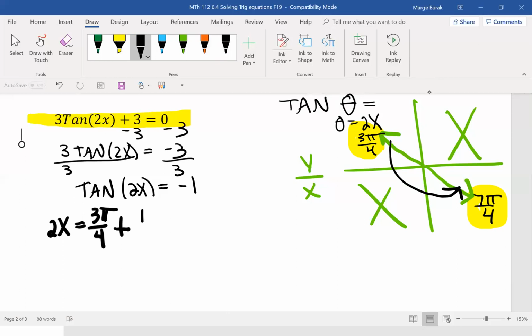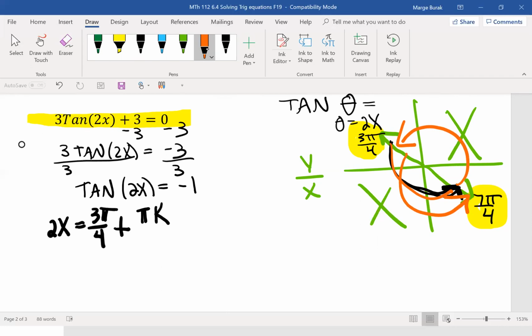So we're going to go with pi times k. And that's going to cover my 7 pi over 4. So in this case, I don't have to do the 7 pi over 4 because that automatically is in my period. If I get all the angles that are in my period from pi, that will give me this one, and then the next one will give me that one, and then the next one will give me that one.